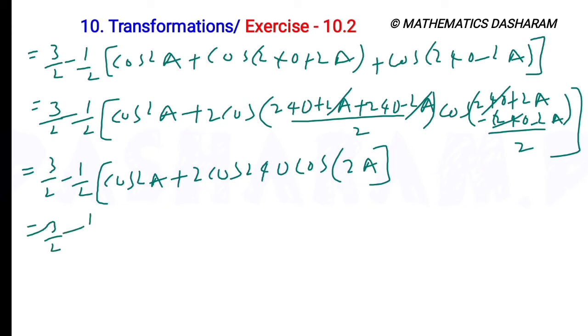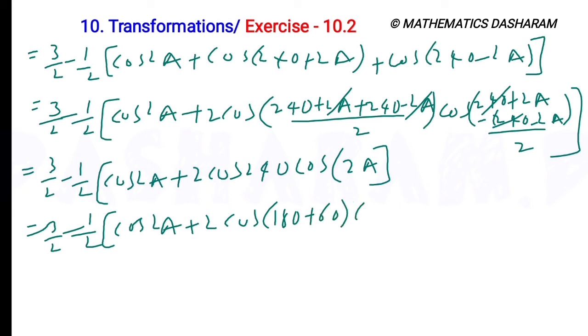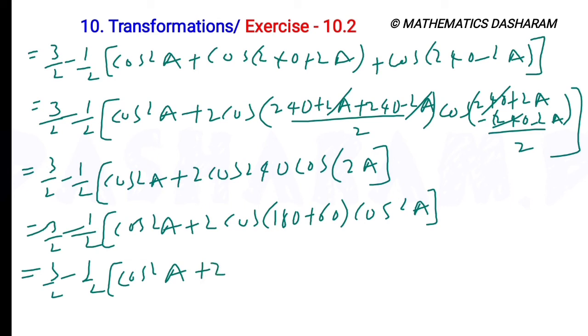So 3 by 2 minus 1 by 2 cos 2a plus 2 into cos 240, can write as 180 plus 60 degrees, into cos 2a. Cos (180 plus theta) means third quadrant, so its value is minus cos 60 degrees into cos 2a.